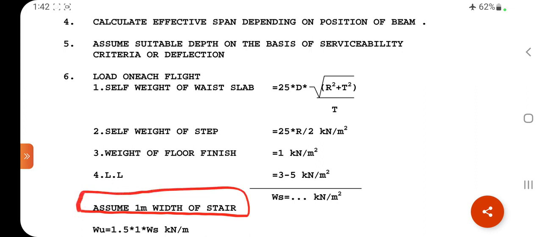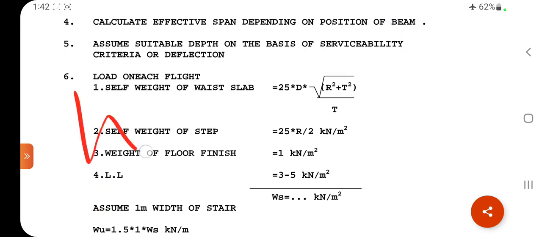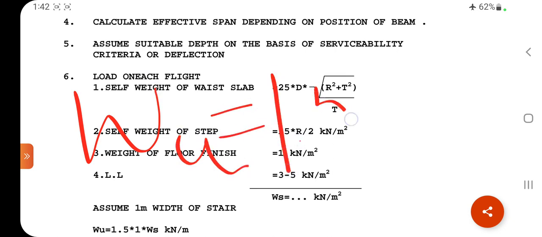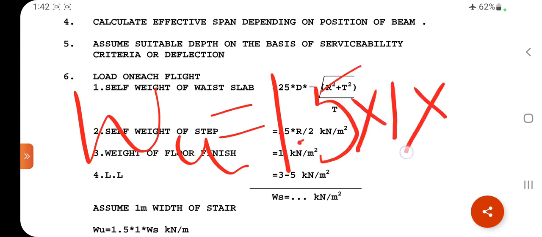By assuming the unit width of the staircase, we calculate the WU, that is the ultimate load acting on the flight, which is equal to 1.5 times into 1, which is nothing but the unit width, and WS, and WS is nothing but the total load acting on the flight.